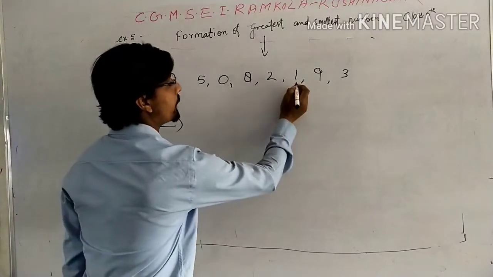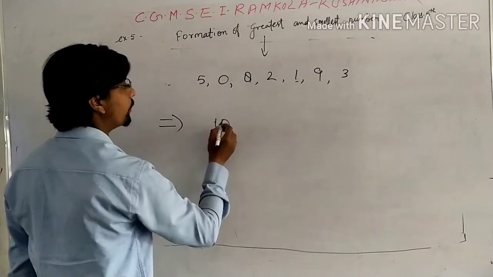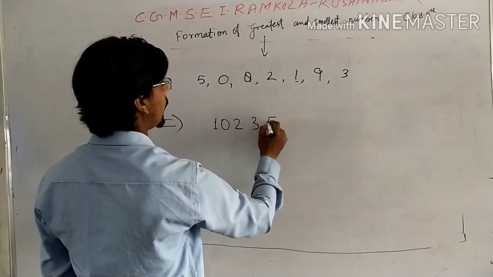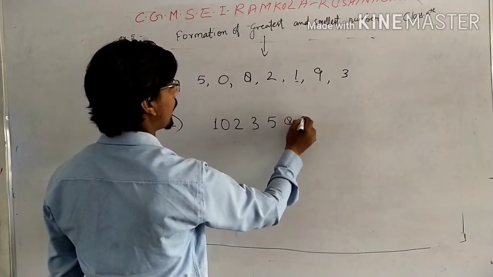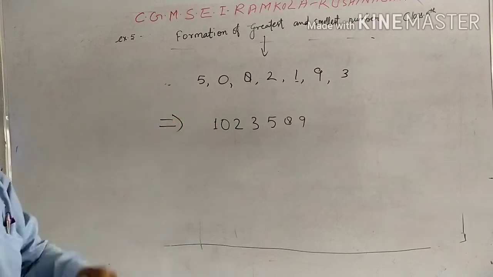So we start from 1, then 0, then 2, then 3, 5, 8 and 9. Here is your smallest number.